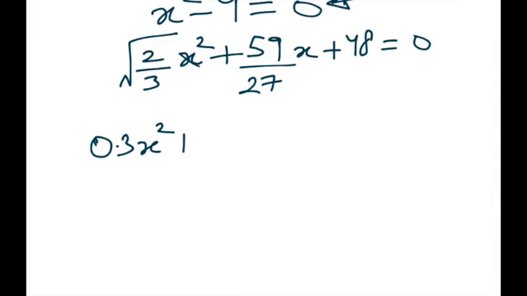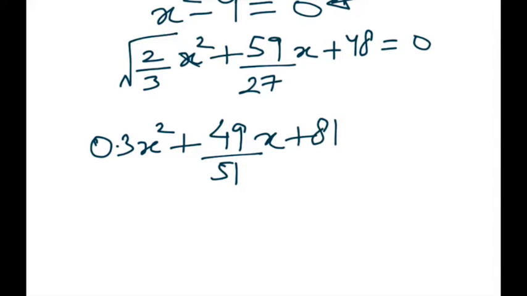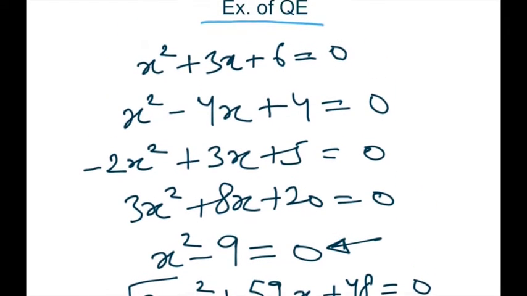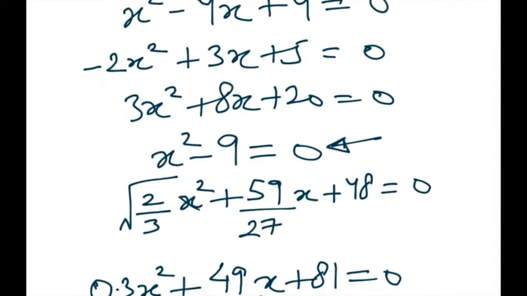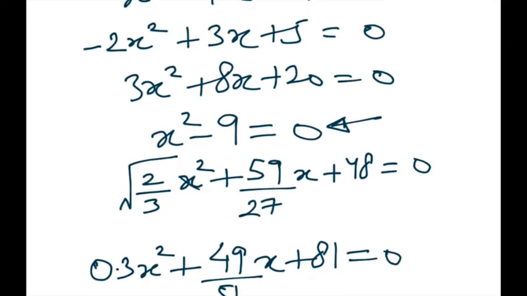X square plus 49. Okay, so these are some examples of quadratic equation. I think it's pretty much clear to you guys how a quadratic equation looks like.